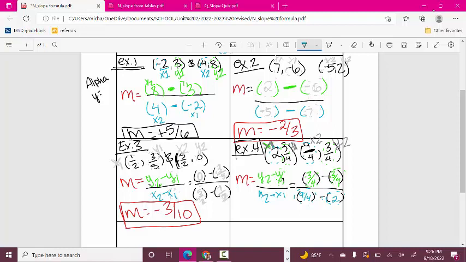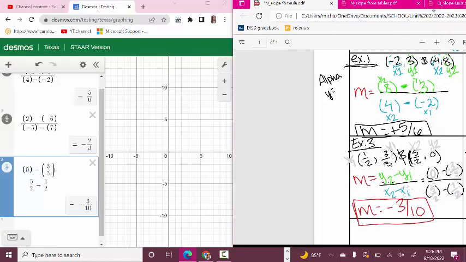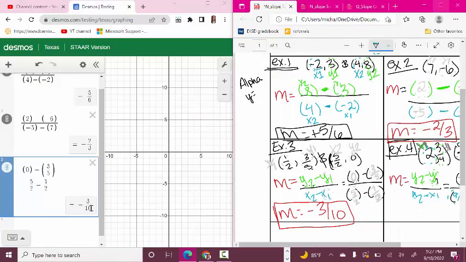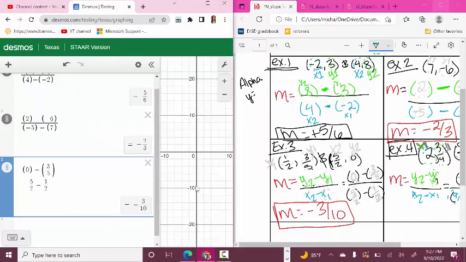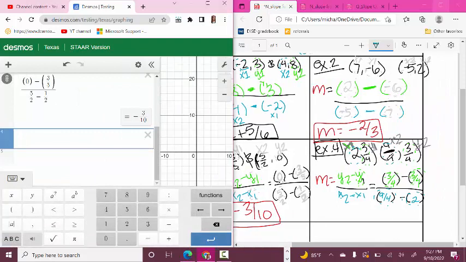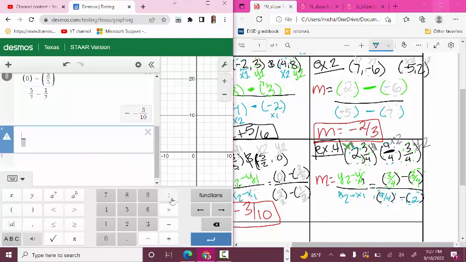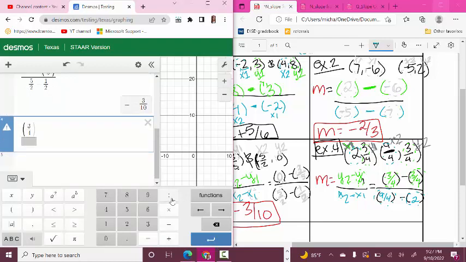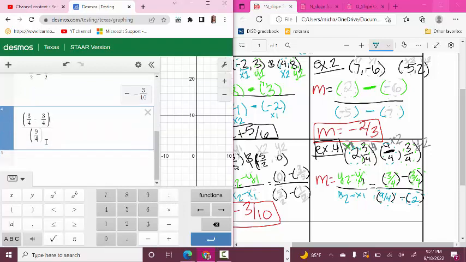So now we just type this in on our calculator. I'm going to use Desmos because I don't have the TI-84 app on my computer. We're going to type in the fraction bar, and the numerator has 3/4 minus 3/4, and then the denominator has 9/4 minus 2.